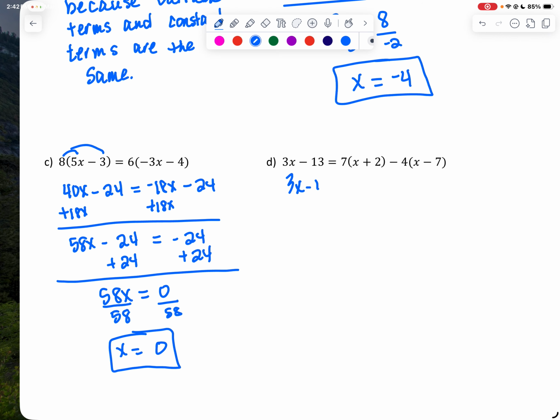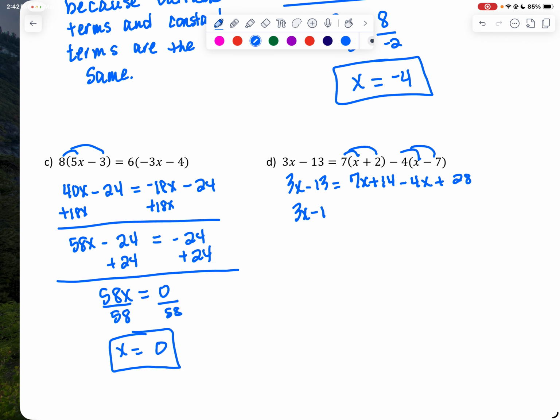I put 3x minus 13 on the left side. Then I distributed the 7 to get 7x plus 14. Then I distributed negative 4 to get negative 4x plus 28.